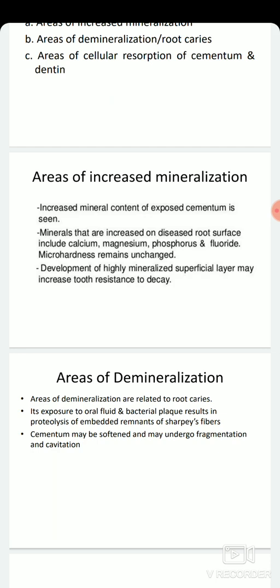So what do these minerals do? They soften the cemental surface, and micro hardness of the cementum remains unchanged. Development of a highly mineralized superficial layer may increase the tooth's resistance to decay.